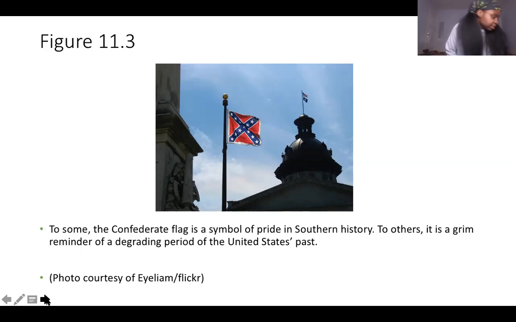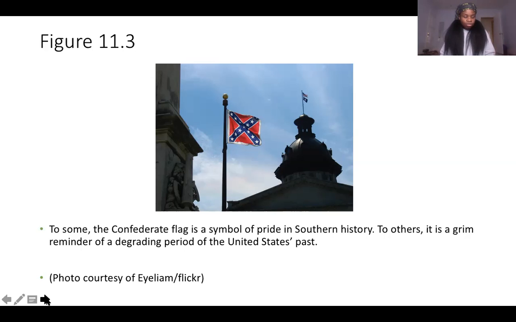Now we have other symbols in the United States. Non-material culture and culture, remember that chapter. The United States flag is a symbol, a controversial symbol today.